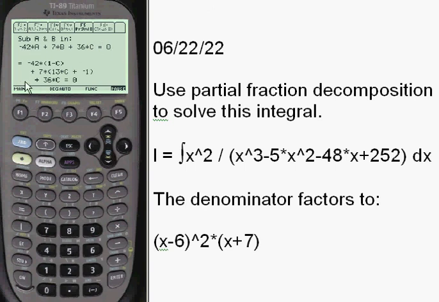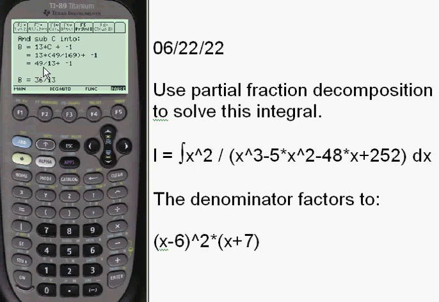And after we do the computations, C is going to equal 49/169. Then we substitute C into the first equation, A is 120 over 169.